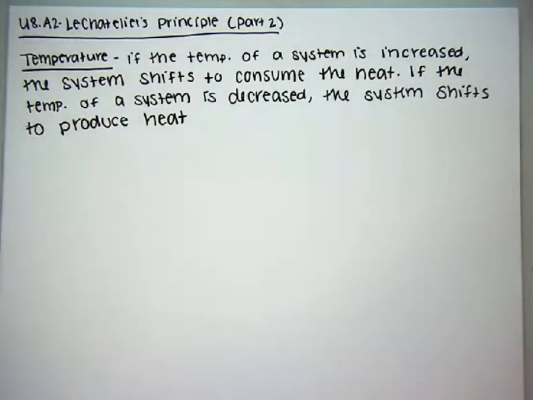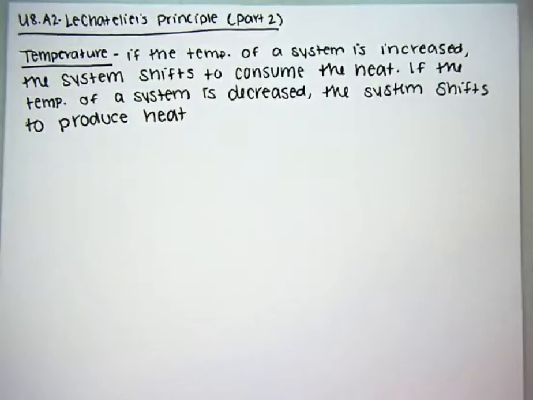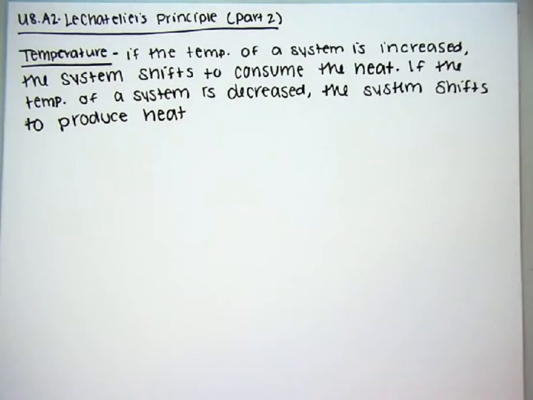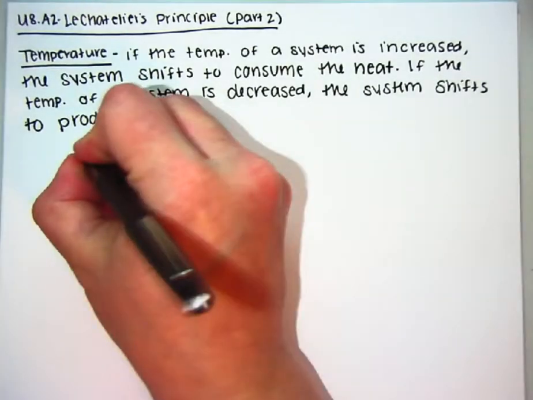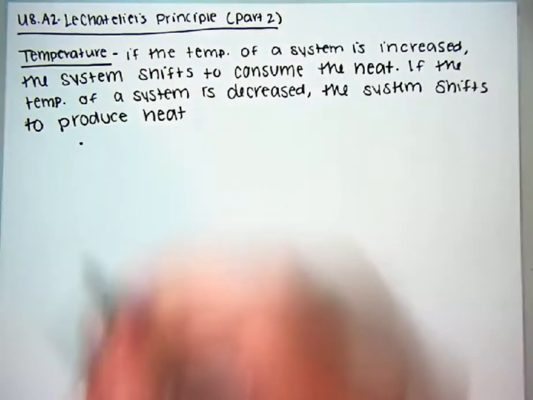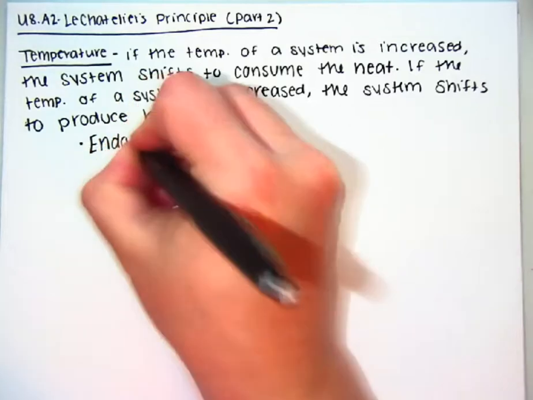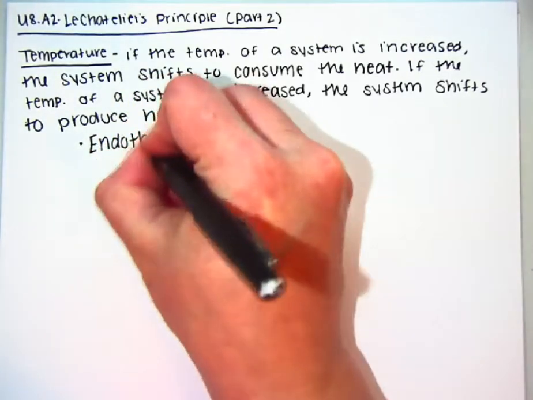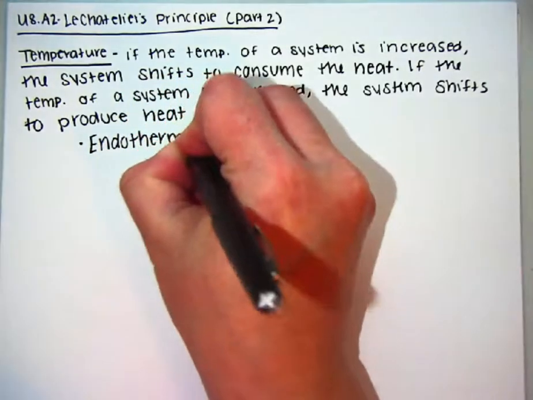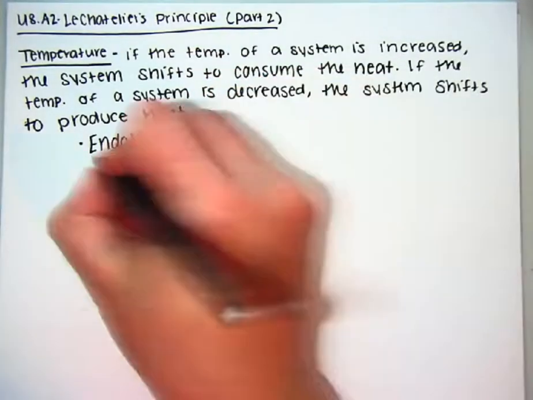All right, there's one more thing that you have to know. Unit 9 is on thermochemistry, so we haven't talked about some of these terms yet. So here is a very brief introduction to two terms that you need to know. First being endothermic.